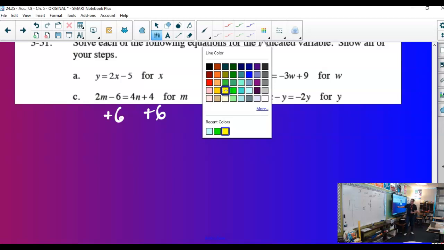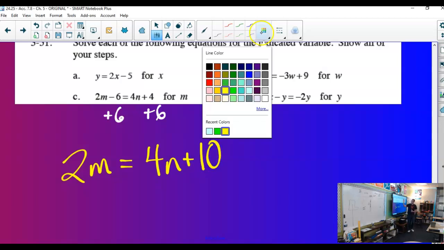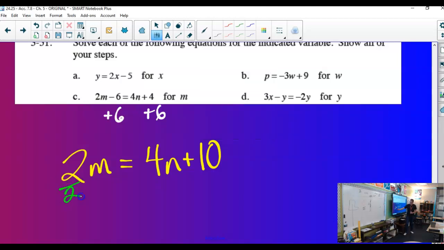Well, remember, your homework is very low risk about getting answers wrong because I'm grading on effort. But if we have this and we go to divide by 2 over here, with 2 different numbers, that division by 2 has to apply to both of them. But here, I can do that because I have 4n.